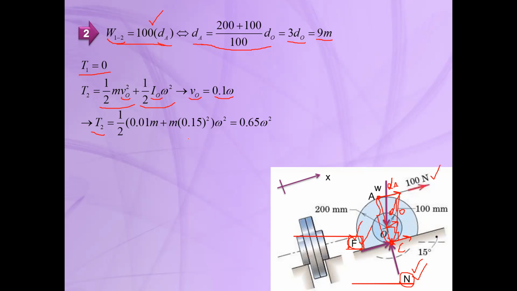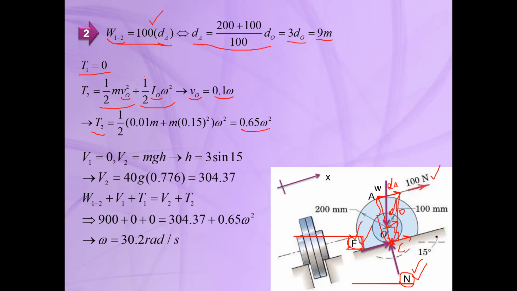You can substitute and simplify this and obtain it in terms of omega. The second method to obtain the kinetic energy in the final position is to use the instantaneous center of zero velocity.